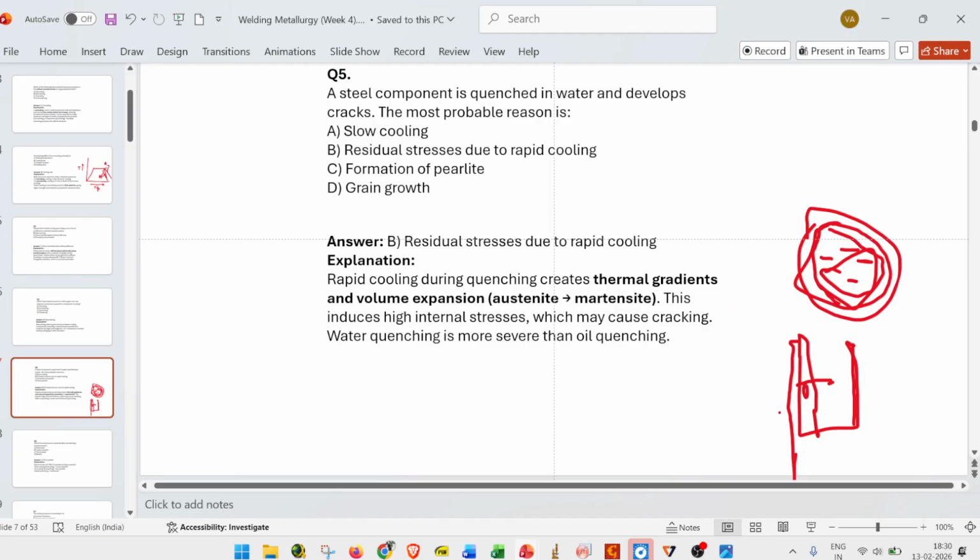So we will see the martensitic phase at the surface and the austenitic phase inside. Once the martensitic phase forms across this big gradient, volumetric expansion takes place, which generates tensile stresses at the surface and compressive stresses inside, and those stresses may cause cracks.